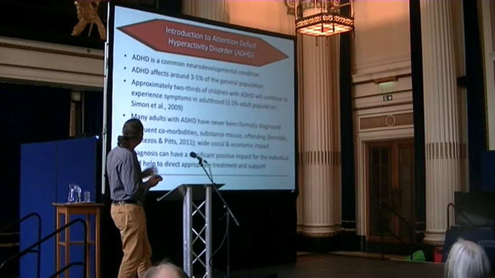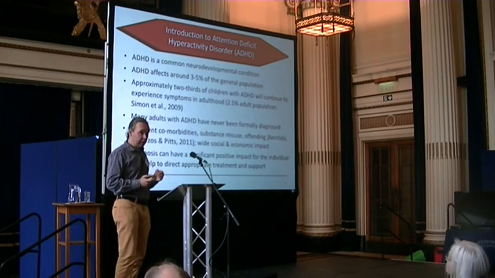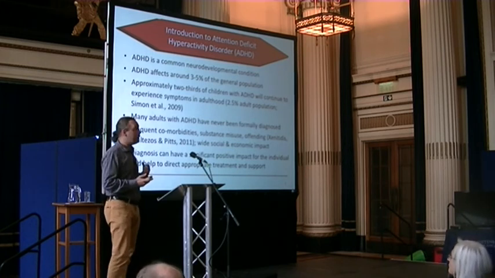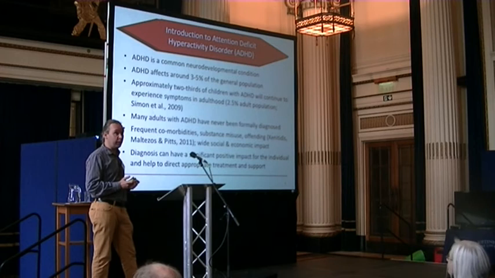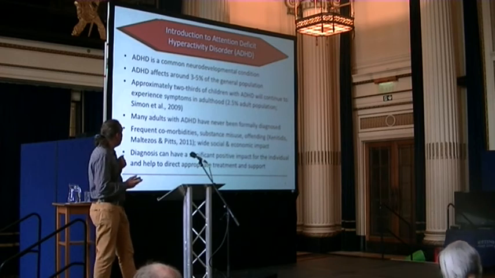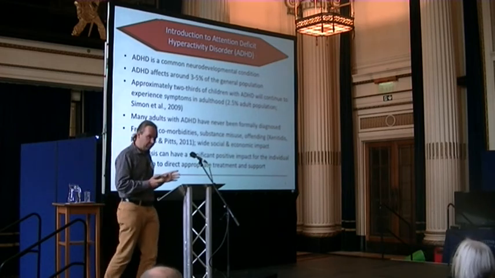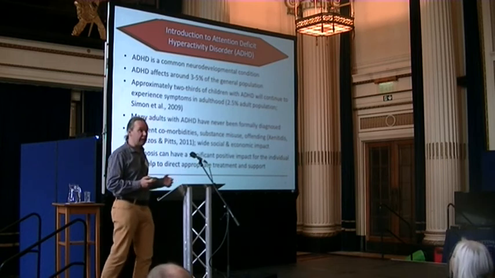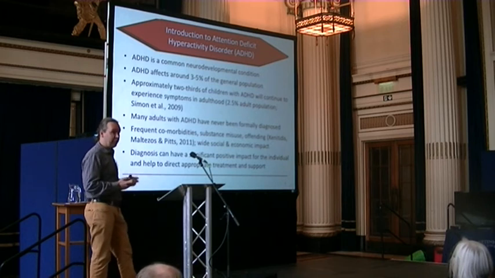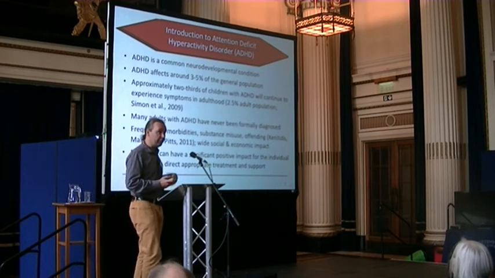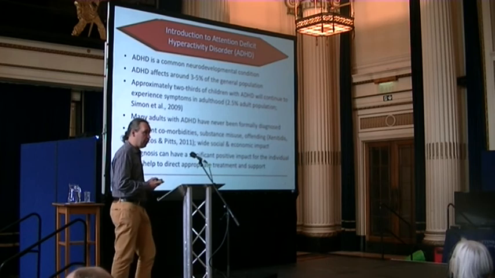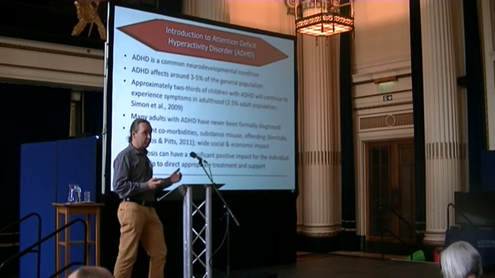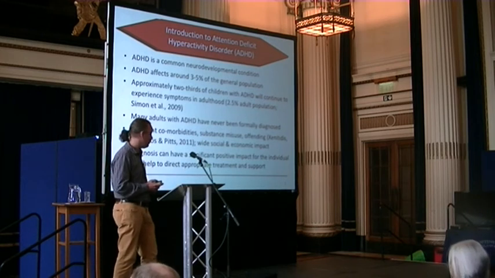So ADHD is a relatively common neurodevelopmental condition, and it affects 3 to 5% of the general population. It's also less known that the majority of children with ADHD go on to experience symptoms in adulthood. So there is this issue of diagnosing adults with ADHD, and many people haven't been formally diagnosed, especially once they've reached adulthood.